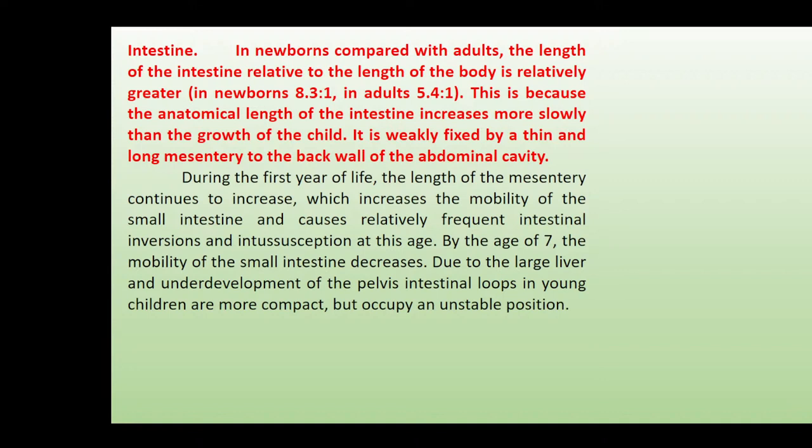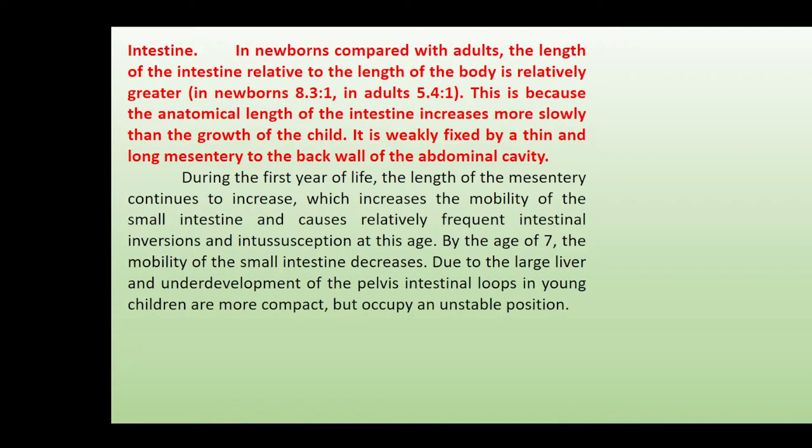It's weakly fixed by a thin and long mesentery to the back wall of the abdominal cavity. During the first years of life, the length of the mesentery continues to increase, which increases the mobility of the small intestine and causes relatively frequent intestinal inversions and intussusceptions at this age.